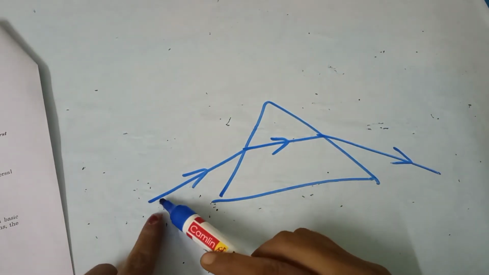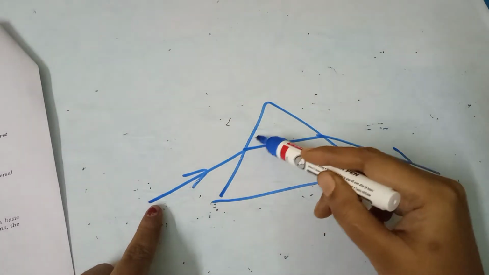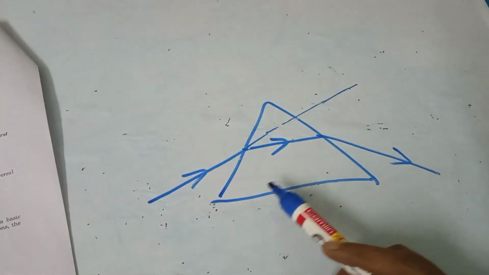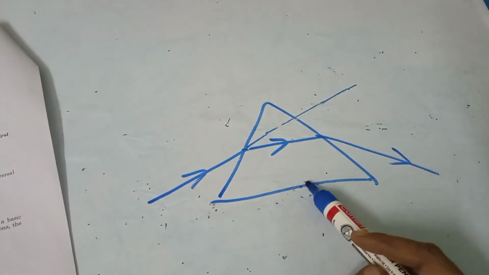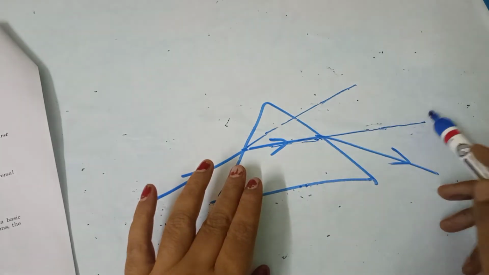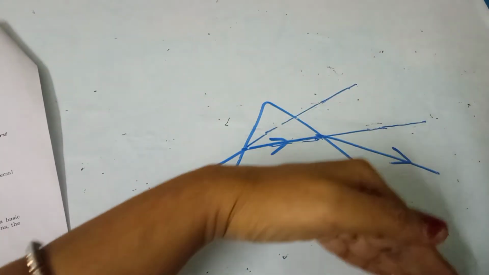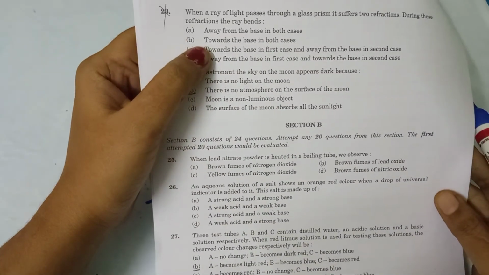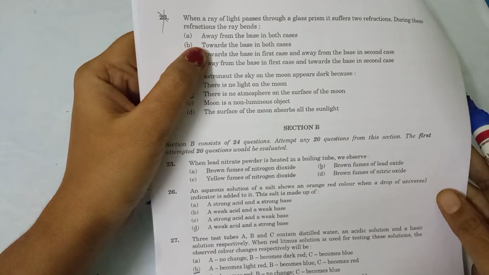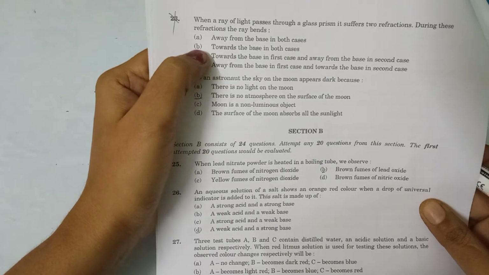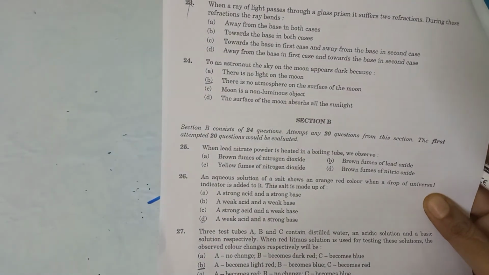You can see the light should go in this direction, but it is bending towards the base of the prism. Again it should go in this direction, again it is bending towards the base. So in both cases the refracted ray is bending towards the base. So B is the right answer.